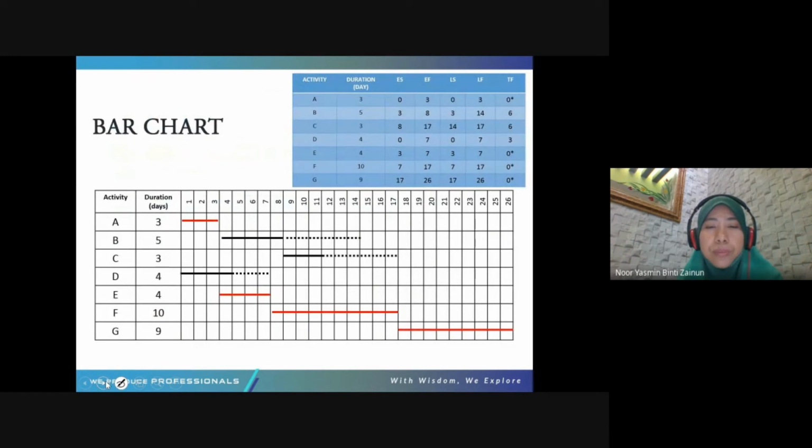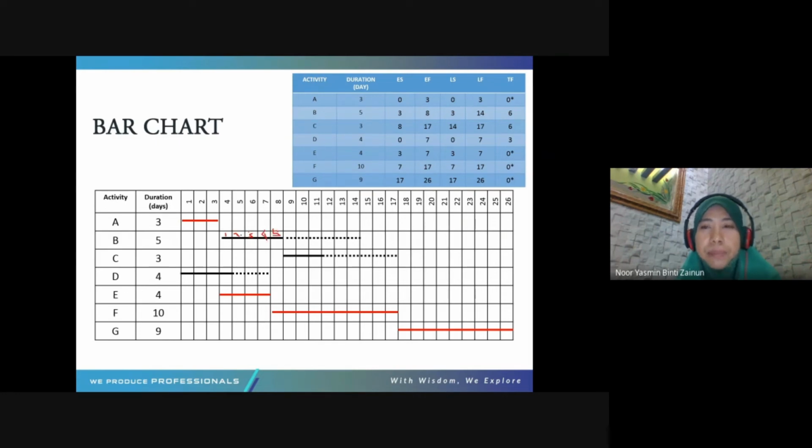After that, you can put this into a bar chart. The critical activities are A, E, F, and G, with no float. Activity A takes 3 days, 1 to 3 days. After activity A finishes, continue with activity B for 5 days: 1, 2, 3, 4, 5.